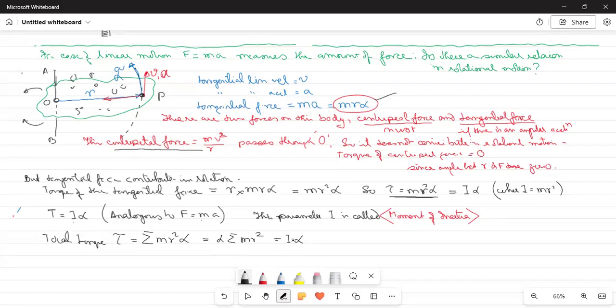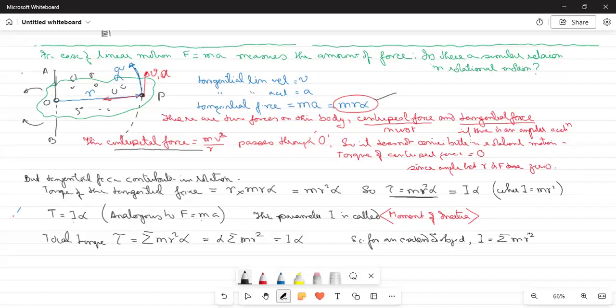First we developed our equation on the basis of one point P. Now we just add R, S, T, V, etc. So for an extended object, I is equal to sigma m r square.